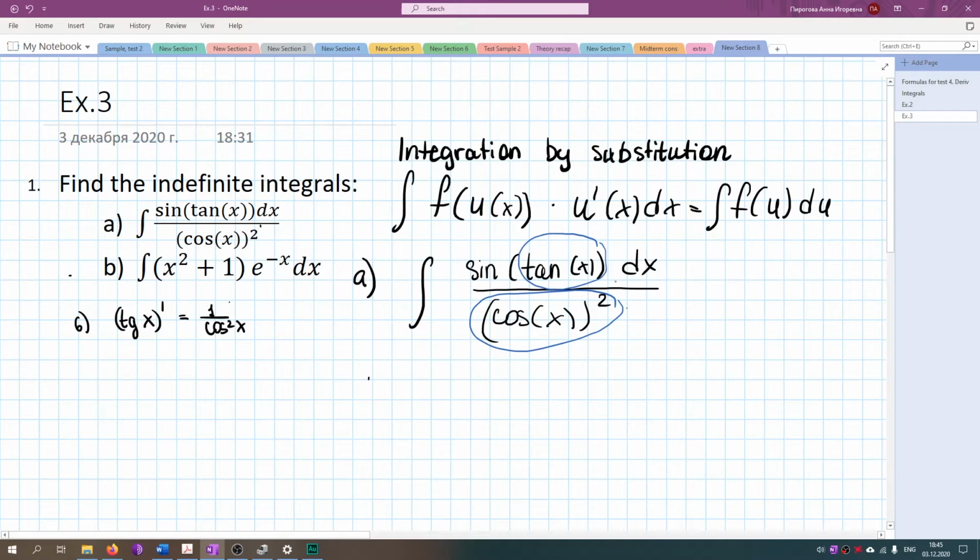And this means that if we use the method integration by substitution, we can take our tangent function as a u, and the derivative of the u function will be 1 divided by cosine x squared.